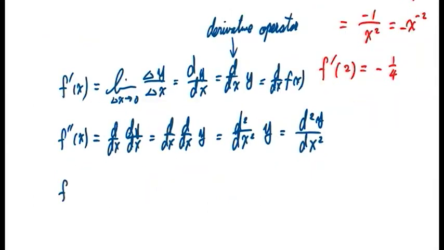Okay? Then, oh, guess what? The third derivative is this, right? Fourth, fifth. Is that the fifth derivative? There's also a Chinese version. Okay, let's not do that, right? It's not that.